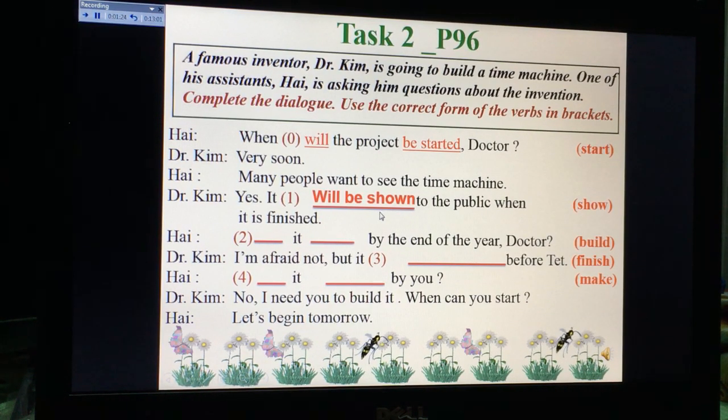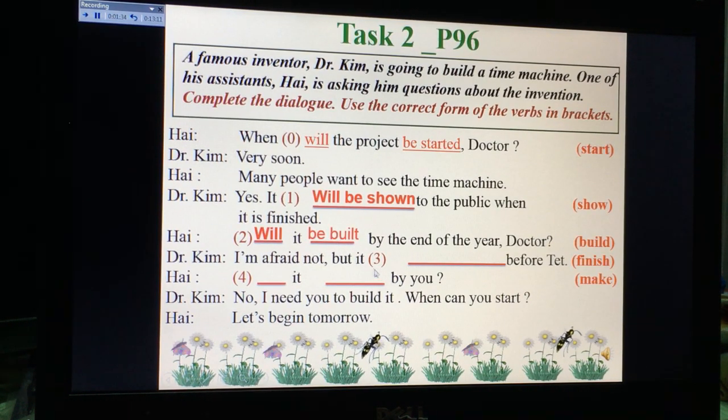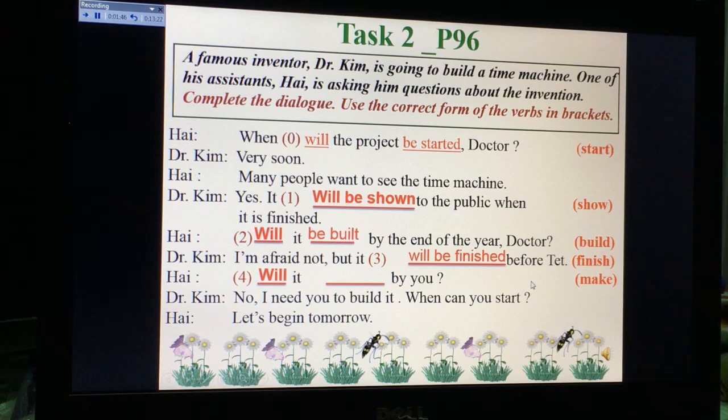Both of them are correct. And number 2, built. It is an irregular verb, so remember we use V3, be built. And number 3, the verb finish. It is a regular verb, so we use V-ed, will be finished. And number 4, make. It is an irregular verb, so we use V3, be made.